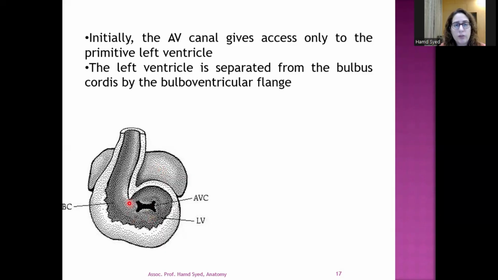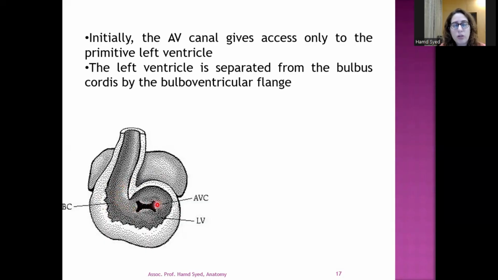Over here, this ridge is called the bulboventricular flange, and it separates the left ventricle from this area, which is known as the bulbus cordis. The bulbus cordis, if you recall from the previous lecture, gives rise to the right ventricle.